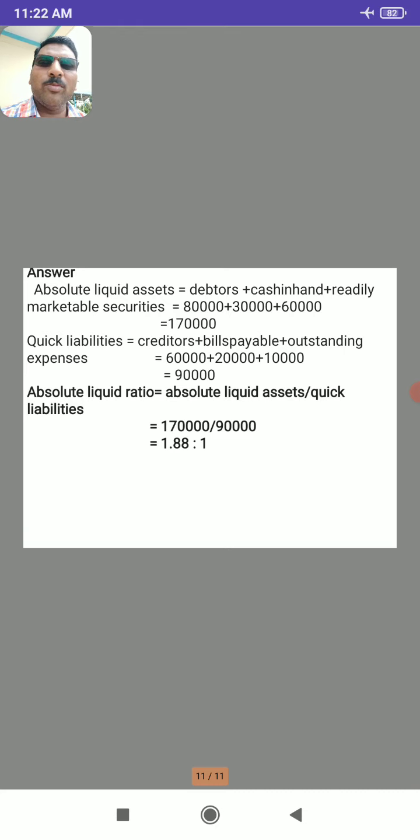We have also seen the important notes about what is not included in quick liabilities and quick assets. So we have studied three important ratios: current ratio, quick ratio and absolute liquid ratio. By using some simple problems, I hope you all understood everything. Thank you, and in the next class we will see the other remaining ratios. Thank you.